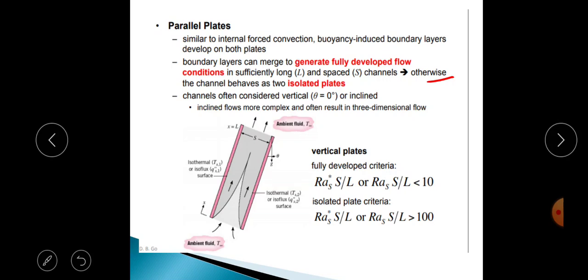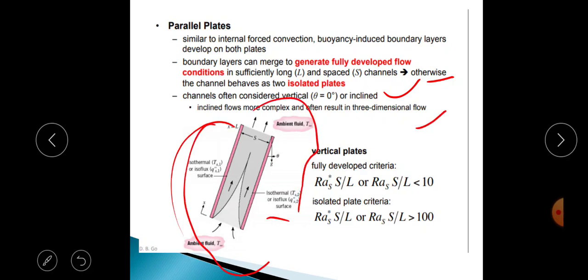And the channel is often considered as vertical, theta equals 0, or it may also be considered as inclined. Inclined flows are more complex and often result in three-dimensional flow. So this is the picture diagram. For the vertical plates, the fully developed criterion is this, and for isolated plates the criterion is this.